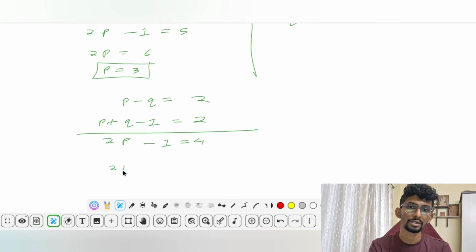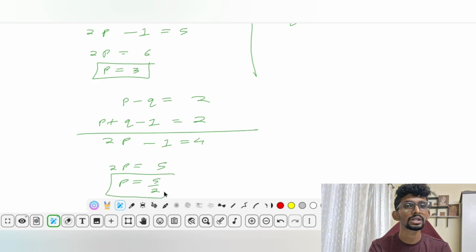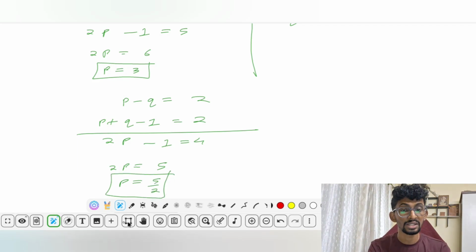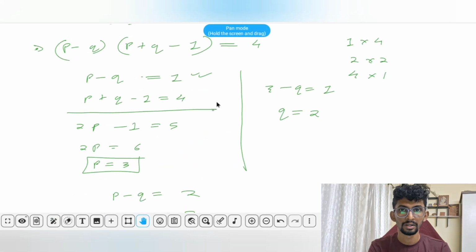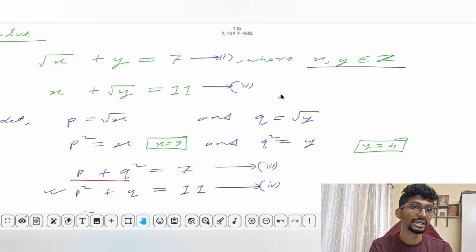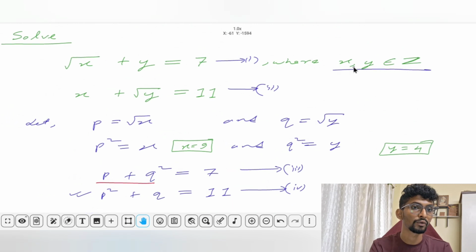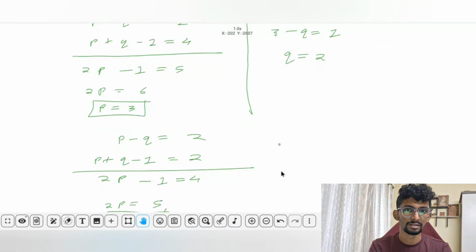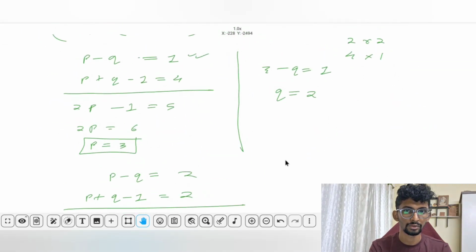So 2p equals 5 and p will be 5 upon 2. You can see p is not an integer. If p is not an integer, x will also not be an integer, but it's given in the question that x and y should be integers. So this is not a possible solution. So we can neglect this second one, that is 2, 2.